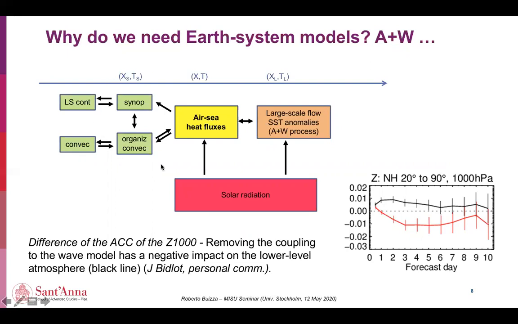So I'm using this diagram, which has been modified from Hoskins' 2012 Quarterly Journal paper, where he used this type of boxes to highlight the fact that if you want to predict a certain scale in the atmosphere, like a scale with spatial and temporal characteristic x, t, you need to think about how scales with larger and slower temporal characteristics evolve, and also the interaction of the scale you're interested in with the smaller scales.